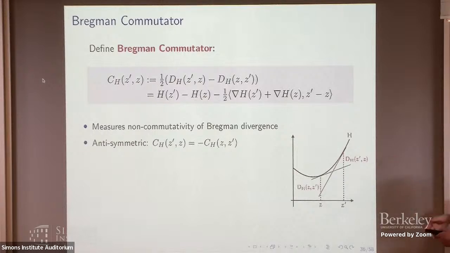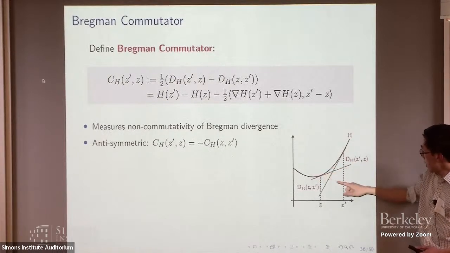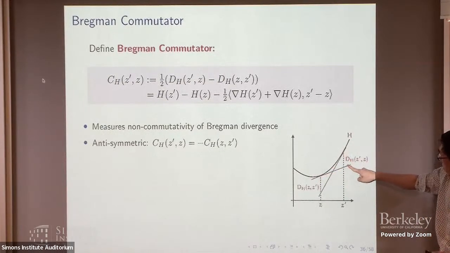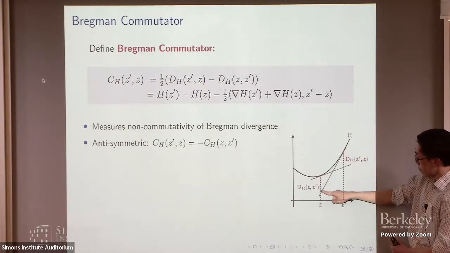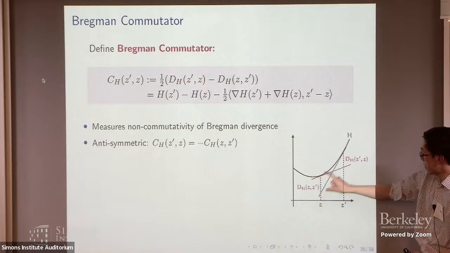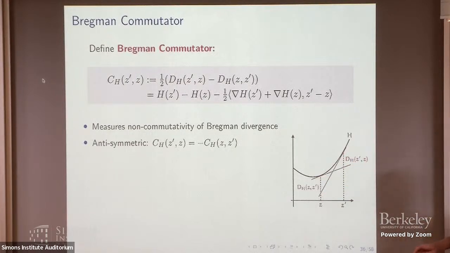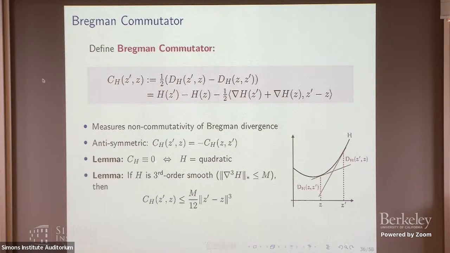And this expression by definition measures the non-commutativity of Bregman divergence, right? So if this is your energy function, this is Bregman divergence one way from z to z prime, and you want to compare that against this other way from z prime to z. Let's see the difference of this one minus this one. By definition, it's anti-symmetric, and moreover, it is zero only if your function is quadratic, right?